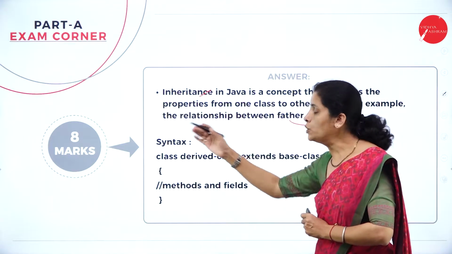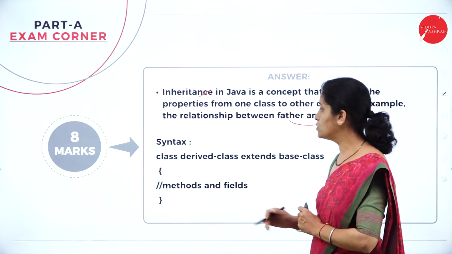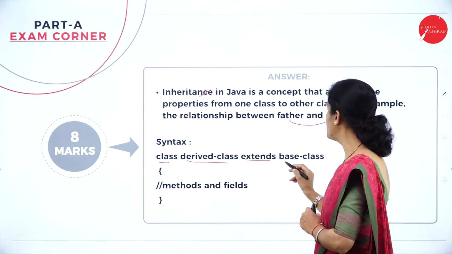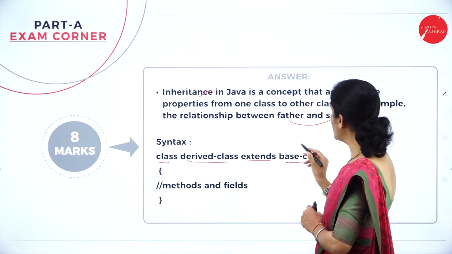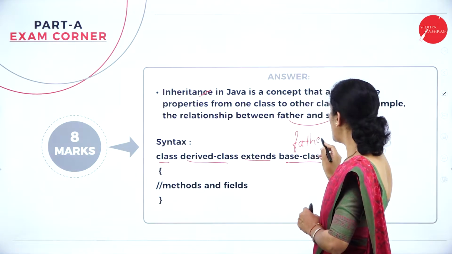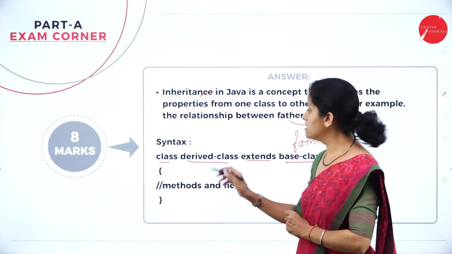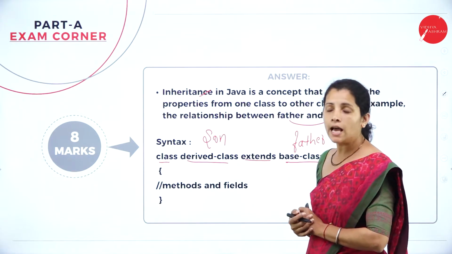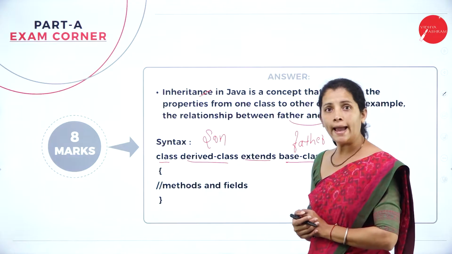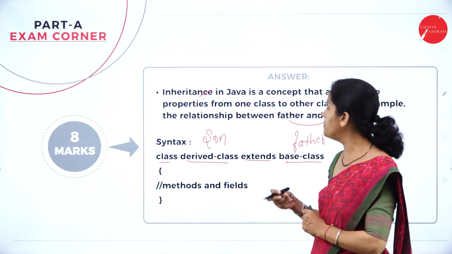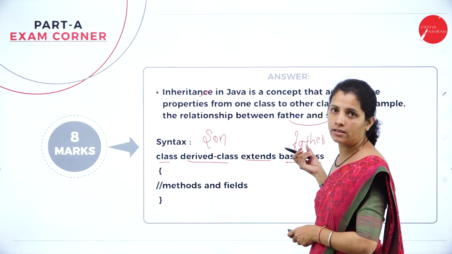Now, I want to write the syntax. So here: class derived class extends base class. Here the base class is nothing but the father and the derived class is nothing but the son. In the sense, the son is able to acquire all the properties or all the belongings of the father.